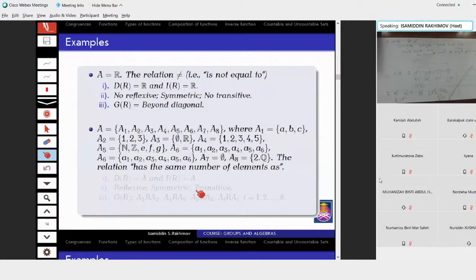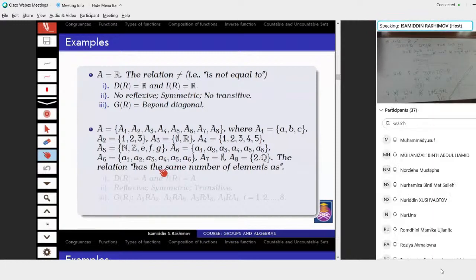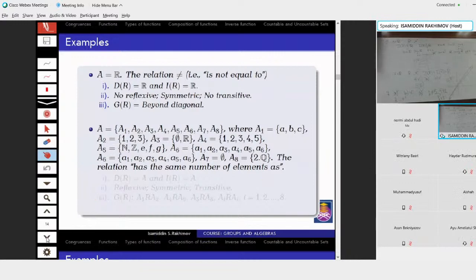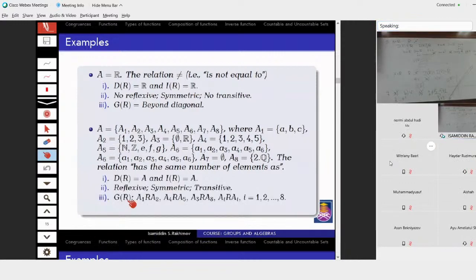Now, the relation R has the same number of elements as A. What do we have? Domain of R is A. The range also is A. This comes from these properties.